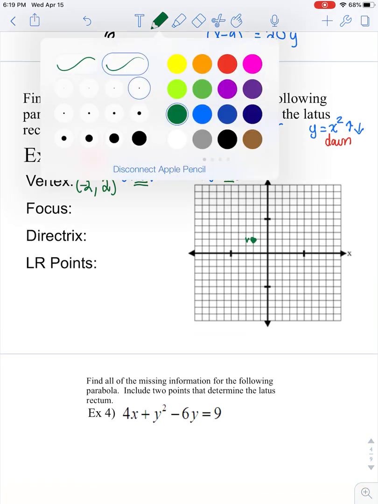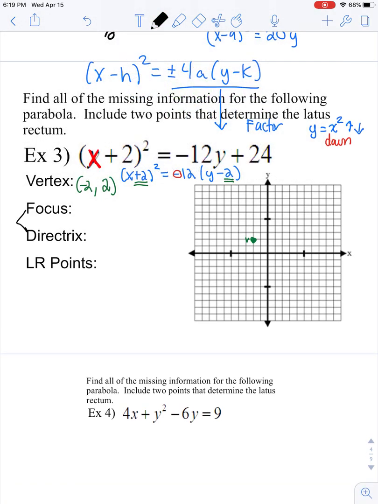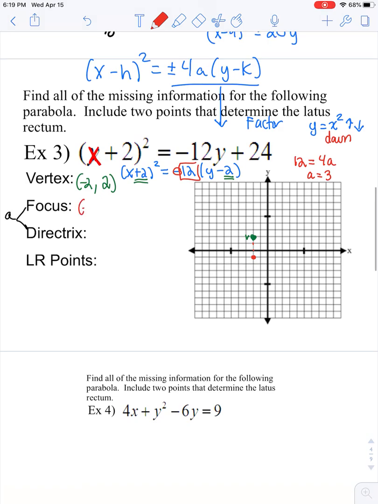Now, for the focus and the directrix, I'm going to need my a value. So if we go back to the equation, remember that this 12 was actually representing 4a, which means my a value was 3. Now, because this parabola opens down, that means that the focus is going to have to be below that vertex. So we're going to go down 3 points and plot the focus. That means my focus is at negative 2, negative 1.